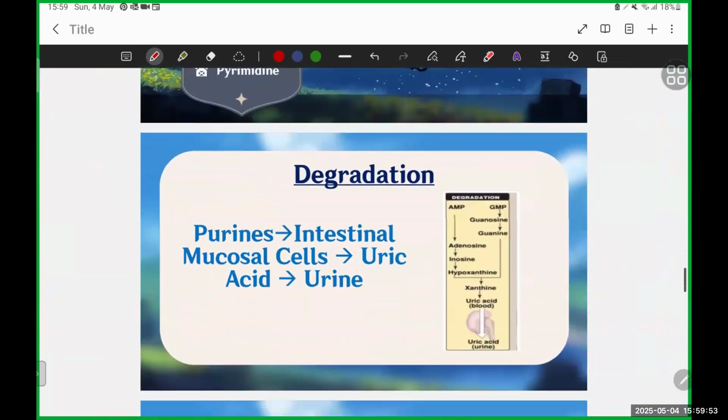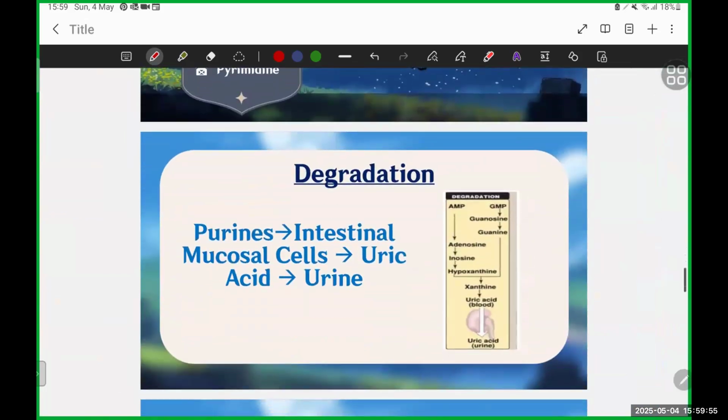Then you have degradation. After you're done with using these purines, you need a way to degrade them, right? So they can't be salvaged. They've been used for too long.